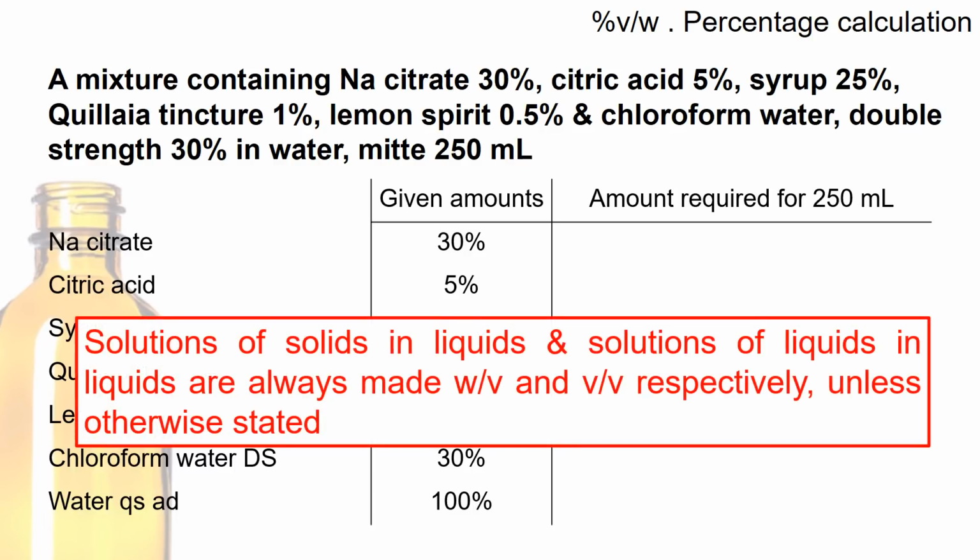A solution of solid in liquid is usually expressed as percentage weight in volume. However, for liquid, it always refers to percentage volume in volume. So remember this golden rule. Unless otherwise stated, or if nothing comes after the percentage, we always follow these golden rules.